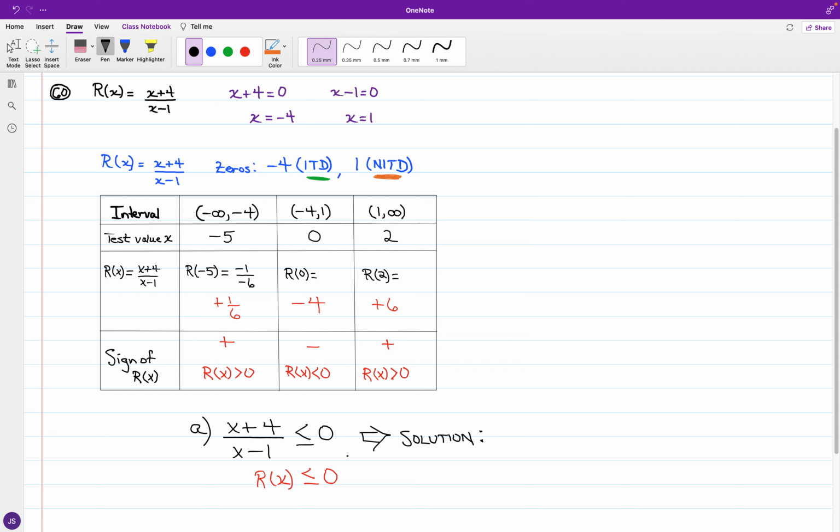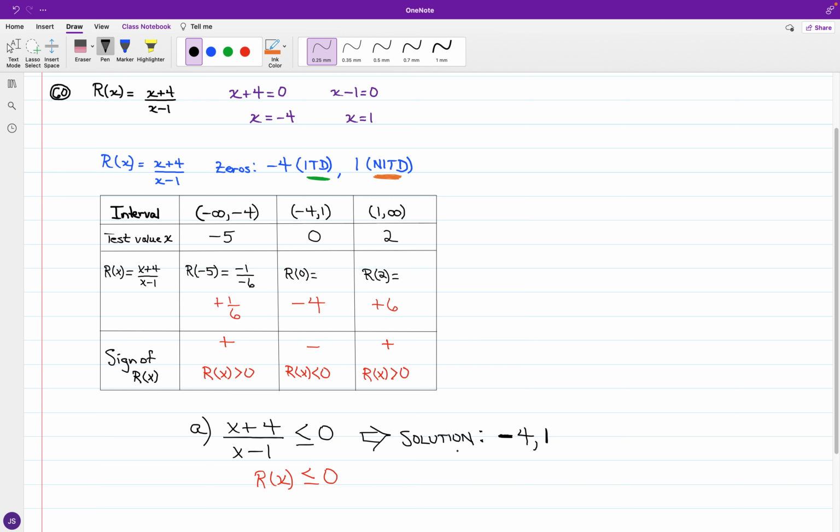Okay, now less than or equal to 0, same direction as less than 0. So looking at what we have from the table where r of x is less than 0, and the corresponding interval section involving the limit values of -4 and 1. Since we have an equal sign, there is going to be a potential use for brackets, but not guaranteed.